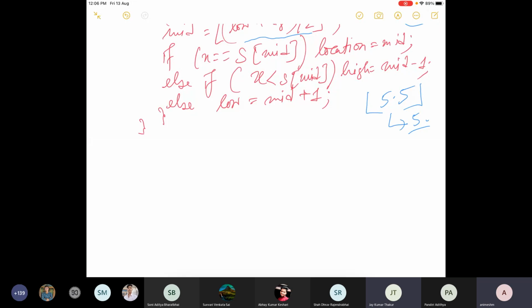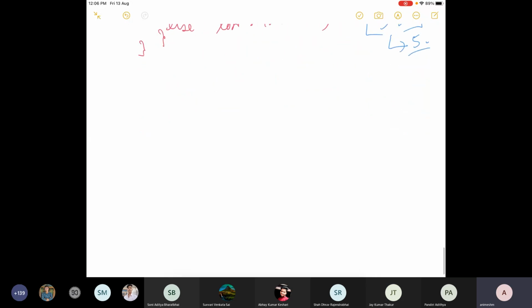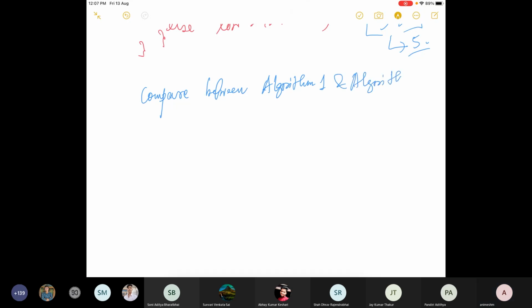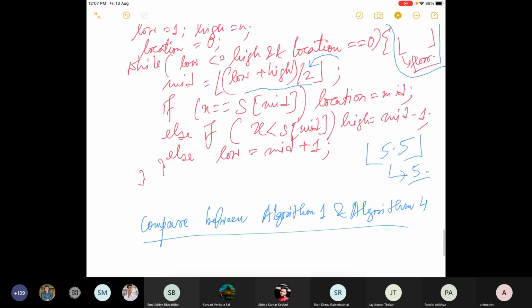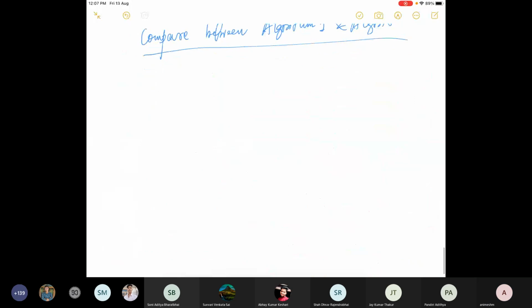Okay, so now we are trying to compare algorithm 1 and algorithm 4 in terms of their efficiency.